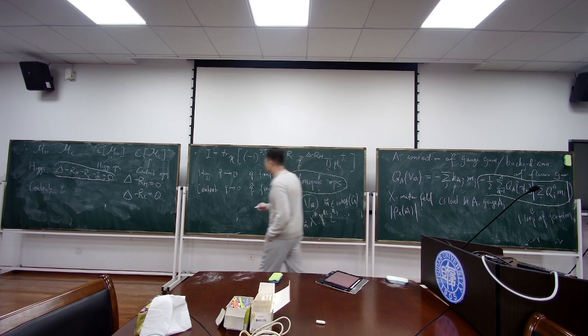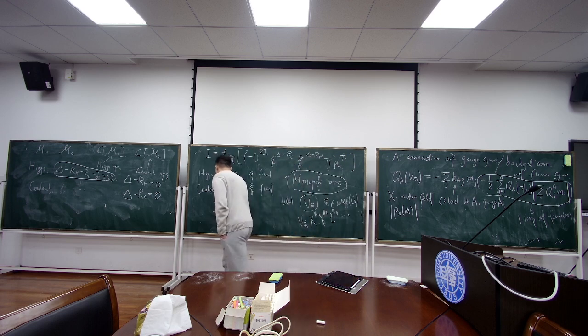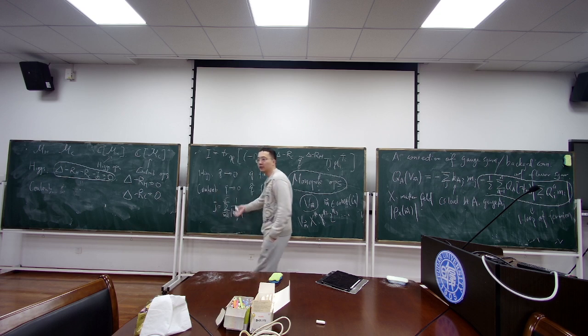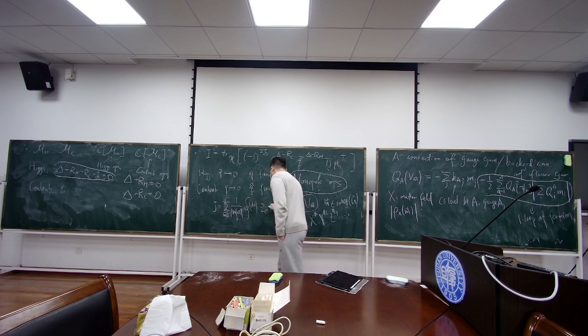Usually when you compute this 3D index, you sum over all the monopole charges, you divide by the order of the Weyl group of the remaining gauge group, and you integrate over all the gauge group. And you have different Chern-Simons, vector, and hyper contributions.